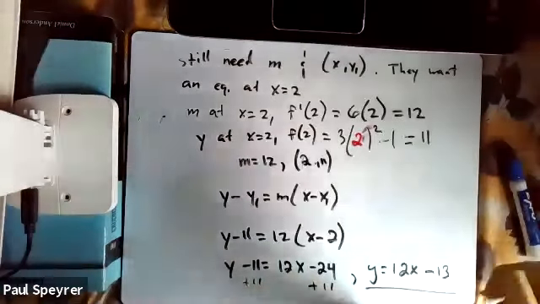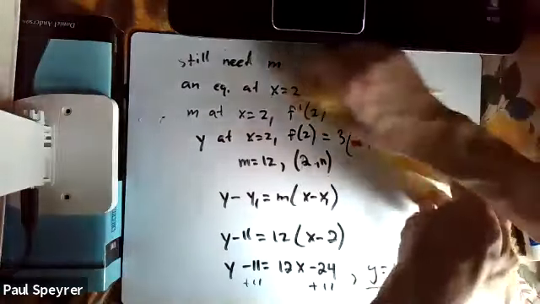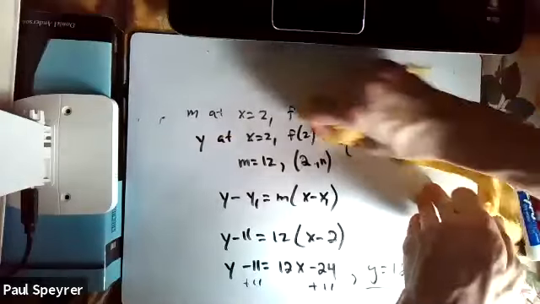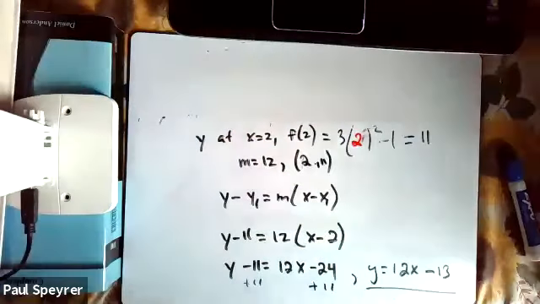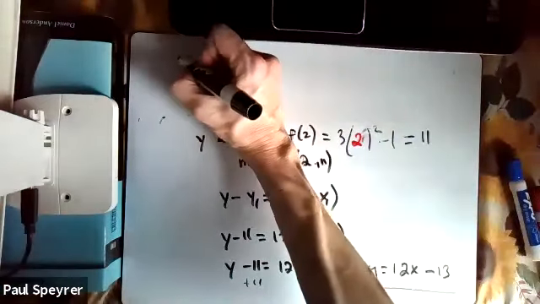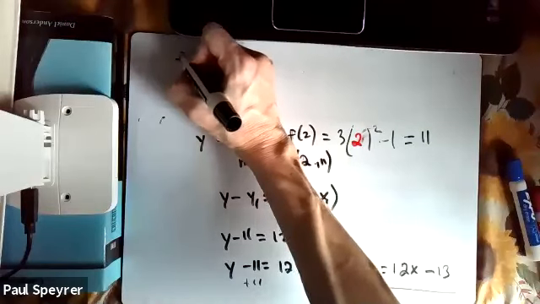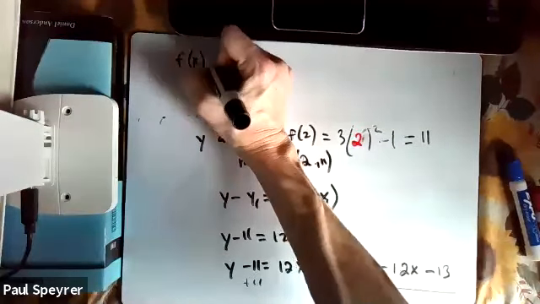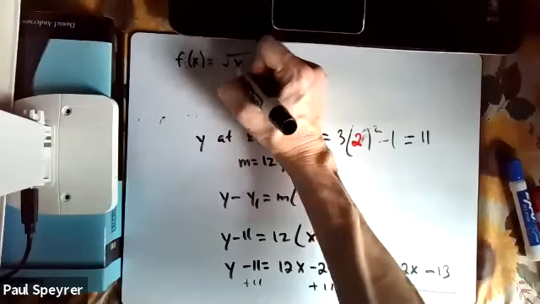All right, so let's try another. Let's say this time we have f of x equals square root of x minus 4.